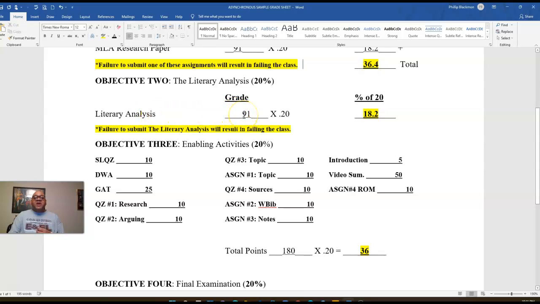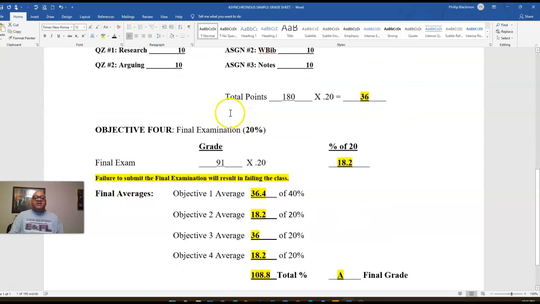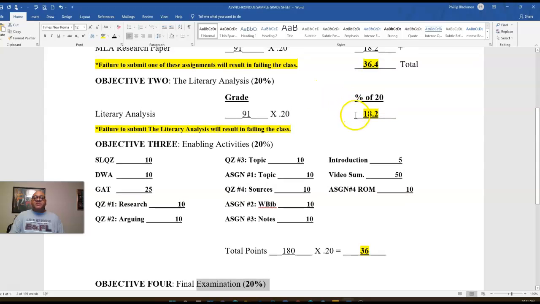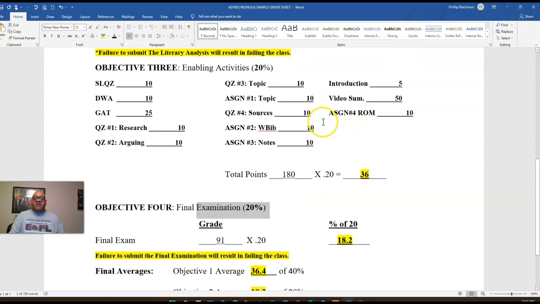So whatever grade you made on the literary analysis, let's say you made a 91, multiply that by 0.20, that gives you 18.2. The literary analysis is worth 20%. The final examination is worth 20%. So it's going to be 18.2, okay?